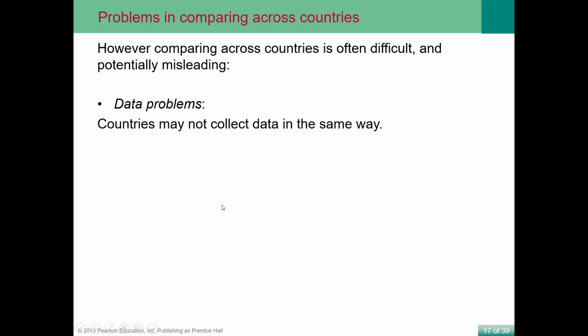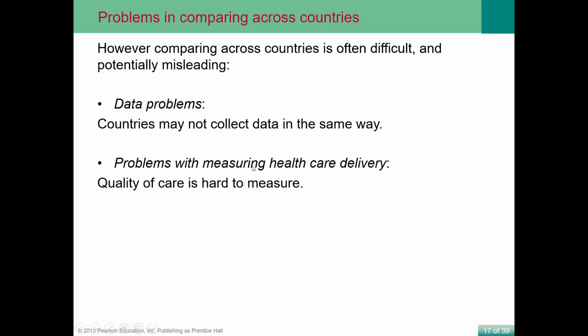So some problems with comparing data across countries. First of all, countries may not collect data in the same way, so this skews results. Problems with measuring healthcare. Quality of healthcare is hard to measure. So I have more access to potentially more prescription drugs, more also medical.